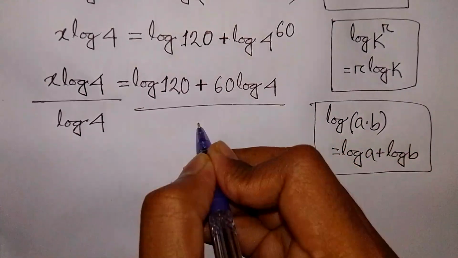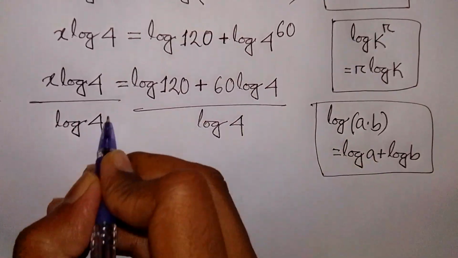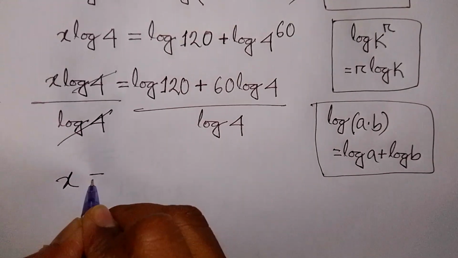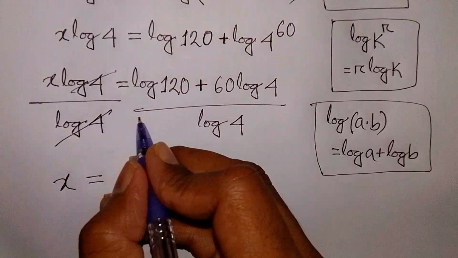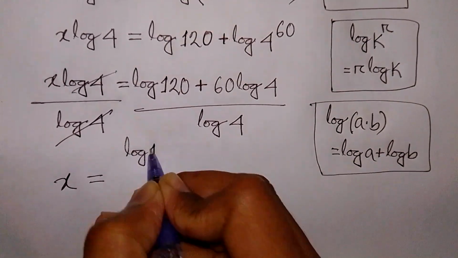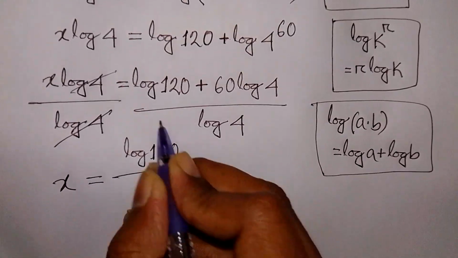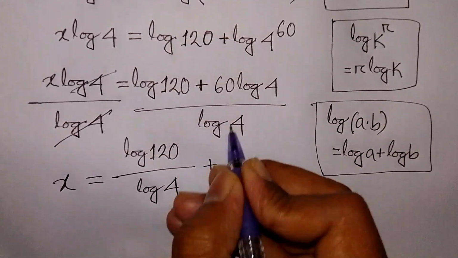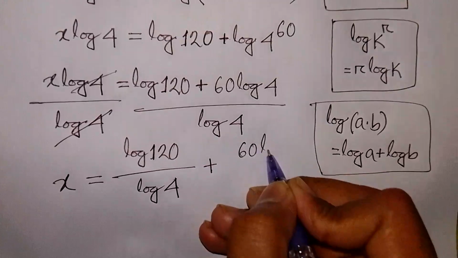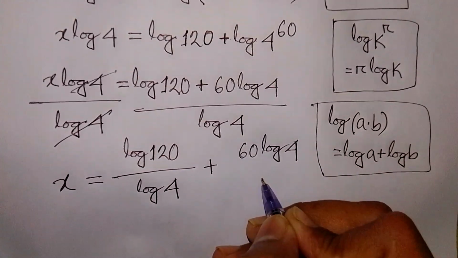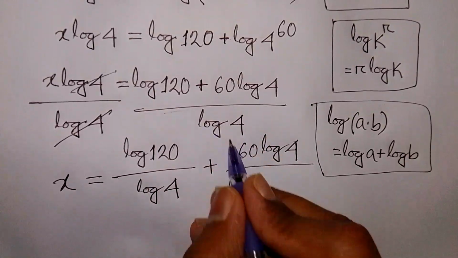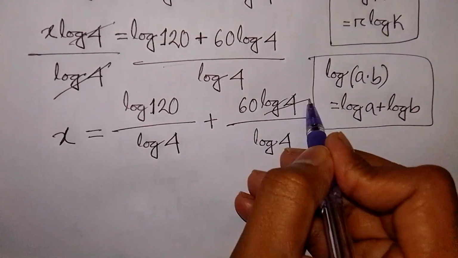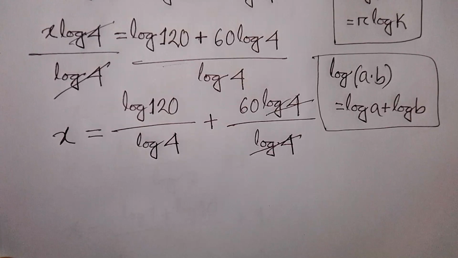Divided by log 4, this log 4 cancels out, so x will be equal to this part, log 120 over log 4, then plus this part, 60 log 4 over log 4. Now this log 4 will be cancelled out.